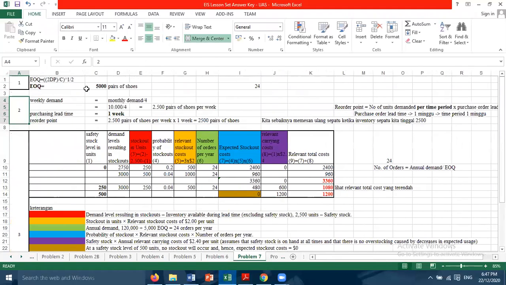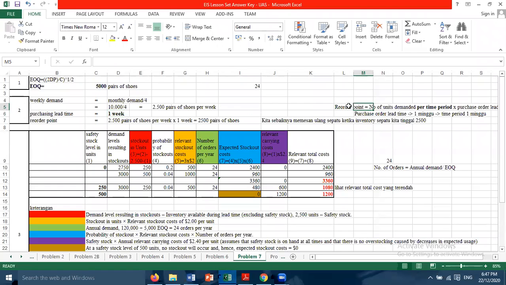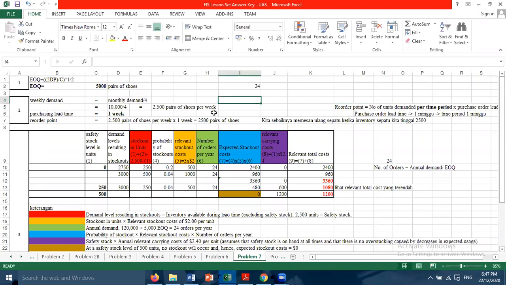So here we know that the purchasing lead time is 1 week, as given by the question. That means the number of units demanded per period is equal to the number of units demanded per week, or the time period used is week. So all we need to do is find the weekly demand. Easy enough, weekly demand is just monthly demand divided by the number of weeks.